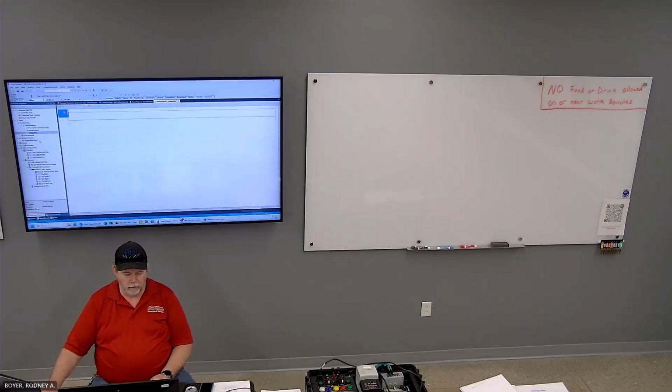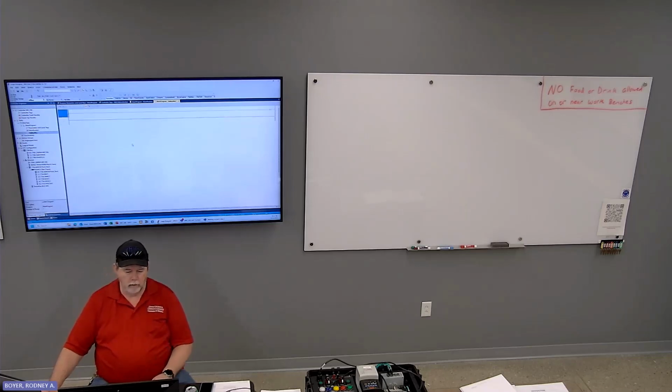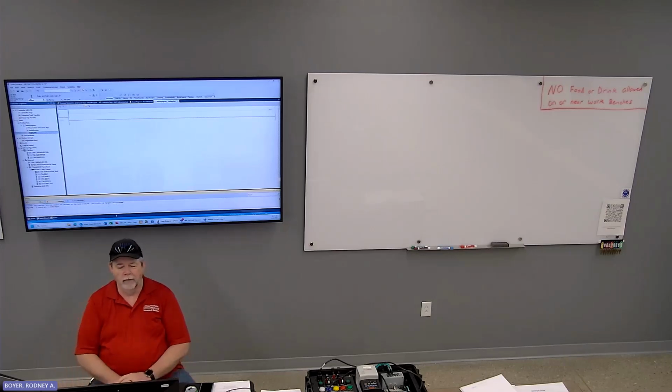I just verified my controller, and it says warning, routine cannot be reached by the main routine, main program. That means that there is no jump or JSR in my main routine to call my subroutine. That's all that's telling me.